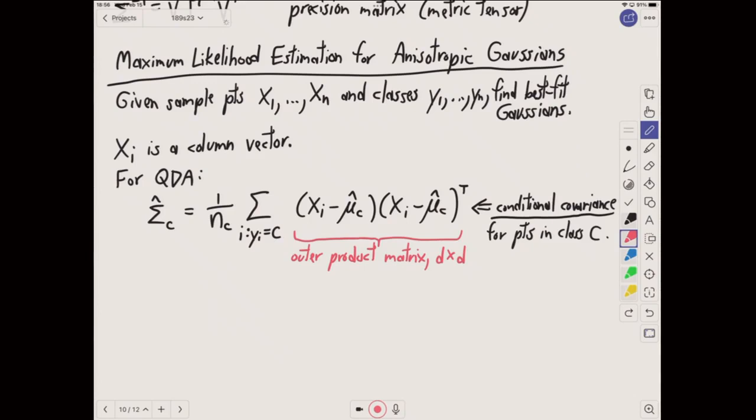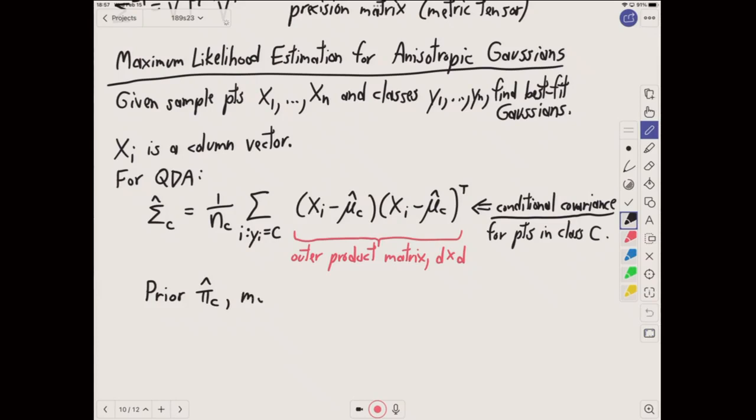And you also need two other things, but we're going to compute them exactly the same way we did last Wednesday. So we need the prior probability that some random sample point is in class C. Just like last week, we estimate that by taking the total number of training points in class C and dividing that by the total number of training points, period, in all classes.